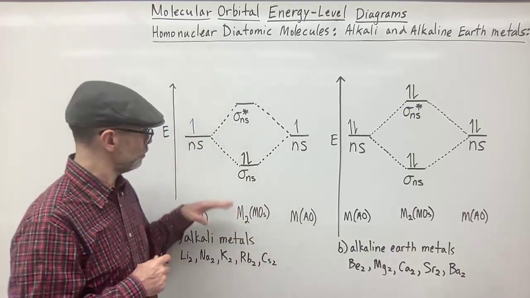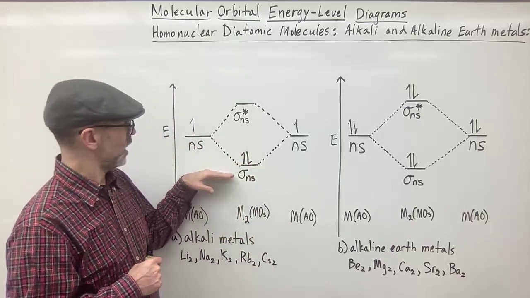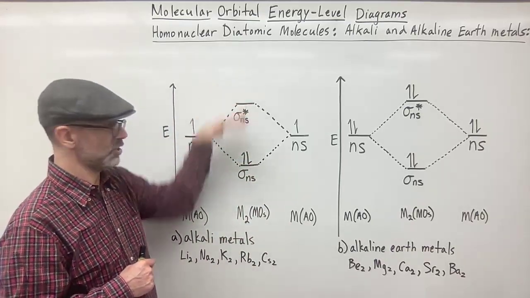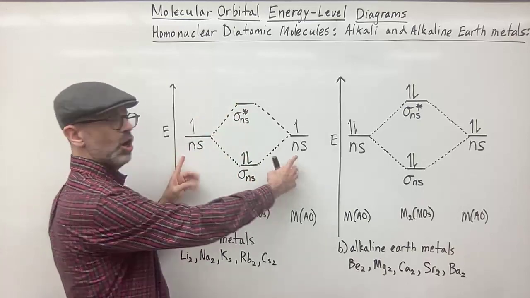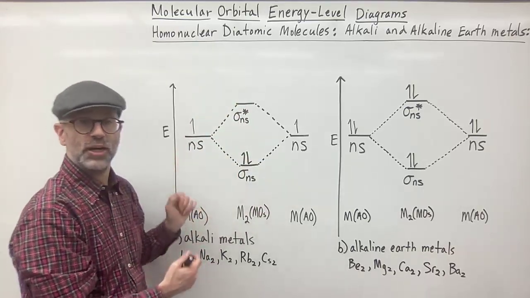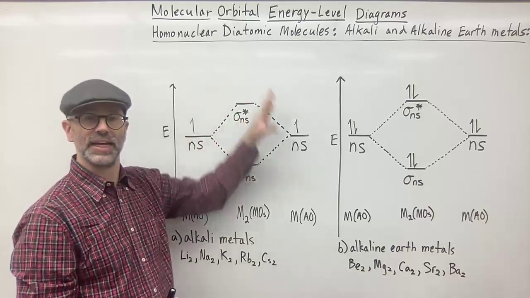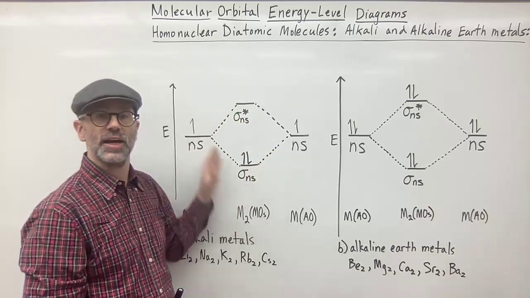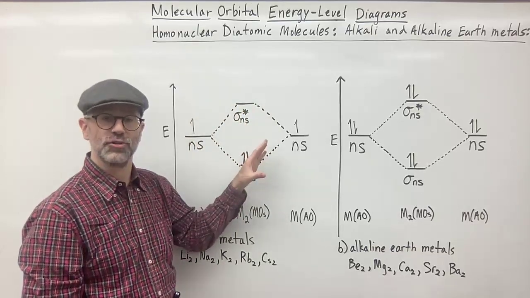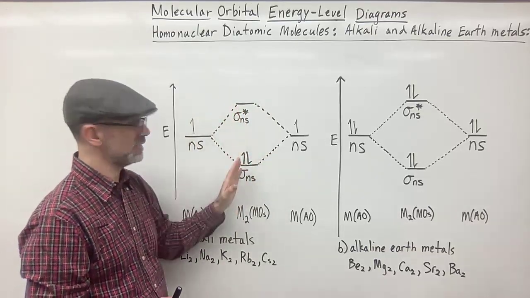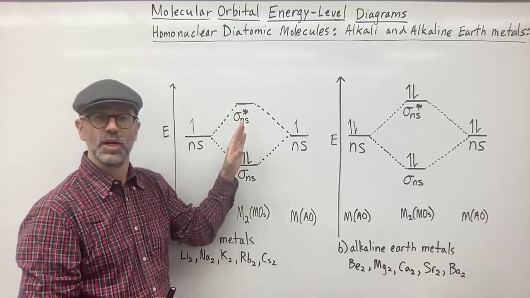So for example, if you have the sigma ns and the sigma star, this would be tied to the 1s orbitals, right? So if this gets all filled up, this would be like your core electrons. If I fill both of these in, I get a bond order of 0.